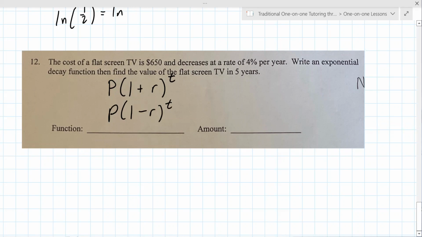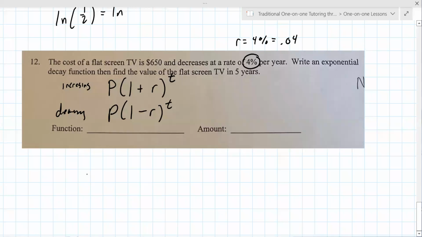Yeah. Okay, that's good. Now, if it's increasing, we use the first one. If it's decreasing, we use the second one. What is the value of R? 4%, so it'd be 0.04. So we're going to use that in the second one.